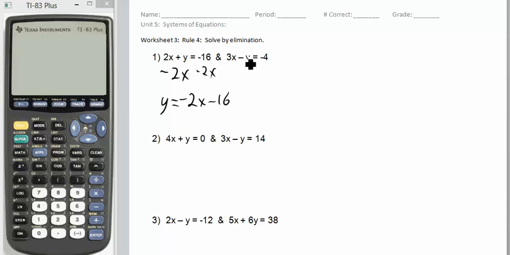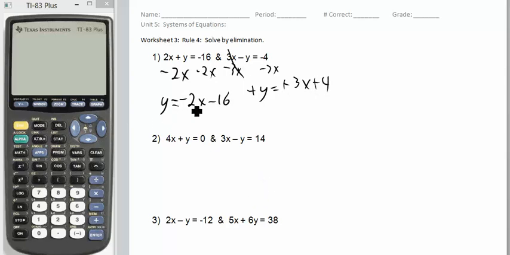This one, we need to get y by itself, so we do the opposite of the x. So we have minus y equals minus 3x minus 4. Remember, we can't add those together because one's an x and one's not. We don't want negative y, we want positive y, so we can change the sign as long as we change all the signs.